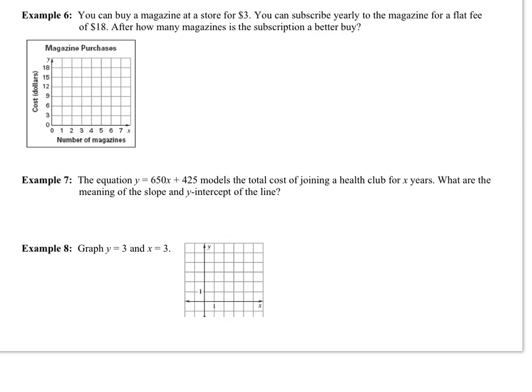Example 6. You can buy a magazine at a store for $3. You can subscribe yearly to the magazine for a flat fee of $18. After how many magazines is a subscription a better buy? Now you have two equations here. Yearly subscription can be represented by y equals 18.